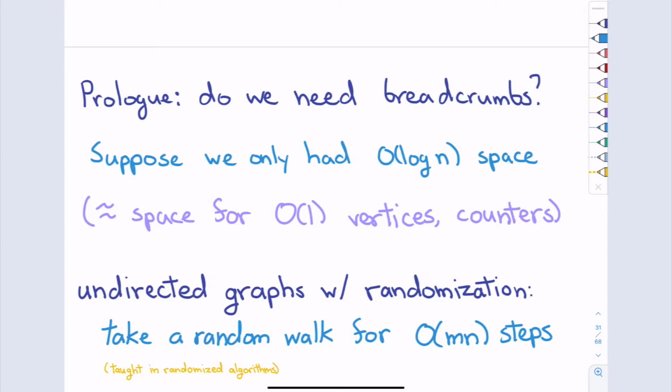Now I'm at U. At U, I pick a random neighbor, and I go there. This is only for undirected graphs. Okay? And you do this for a while, for a polynomial number of steps. You can show that after about m times n steps, m is the number of edges, n is the number of vertices, if S can reach T, with constant probability, you'll have reached T.